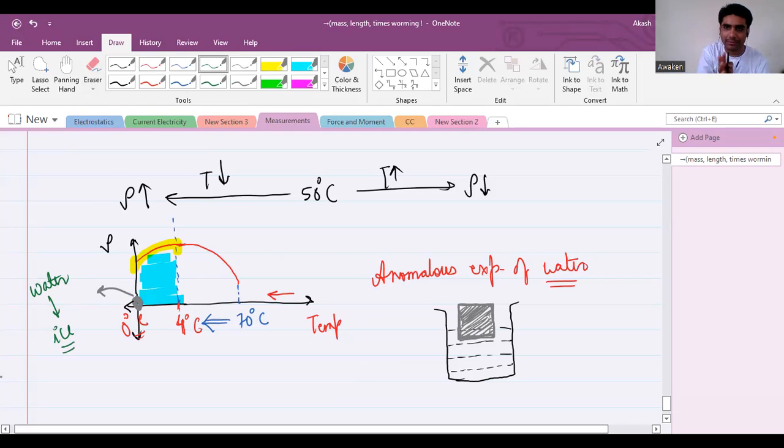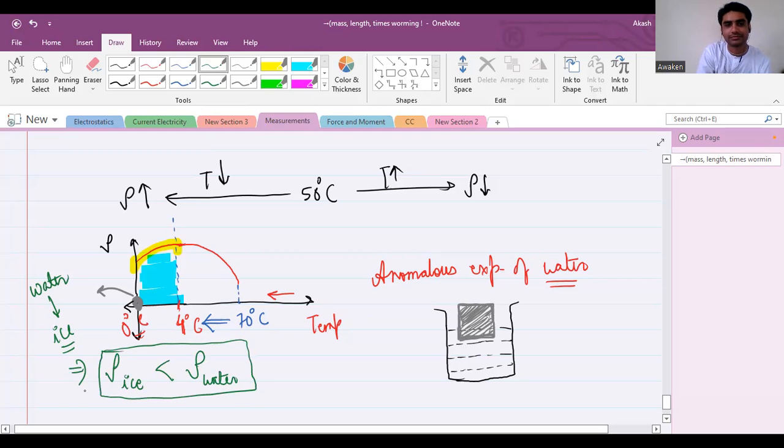Although it seems that ice density should be more, amazingly water's density is more, although ice is solid and water is liquid. Both are almost the same. From 0 degree also it keeps decreasing.